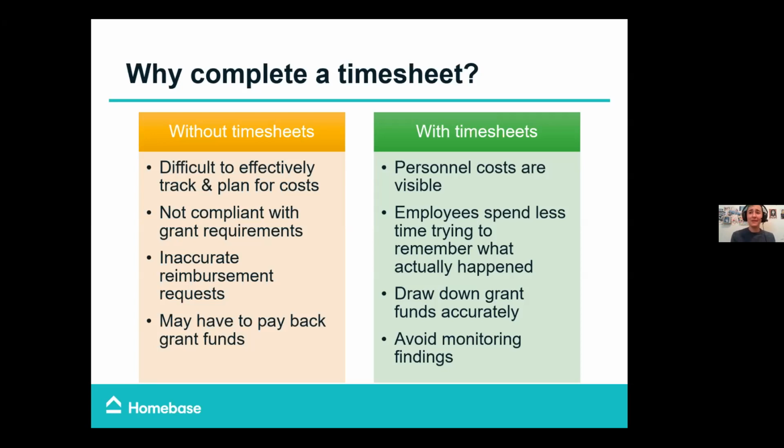And I also know that to the extent we get any grants, my organization's not going to be compliant with grant requirements if they can't see exactly how much time I've spent on each activity. We're not going to be able to submit reimbursement requests that are accurate, and ultimately we or our clients may, in the worst case, end up having to pay back grant funds if I'm not filling out my timesheets accurately.